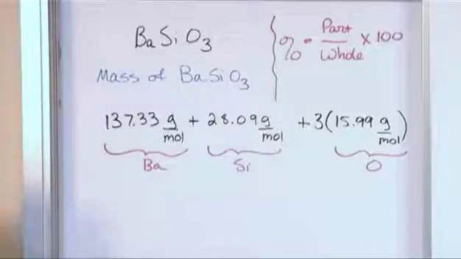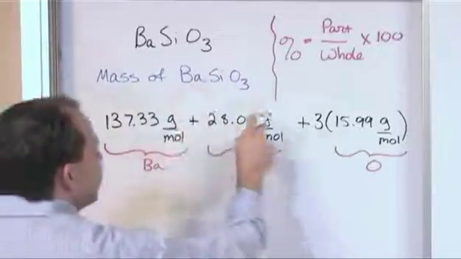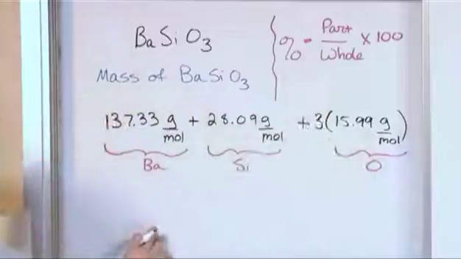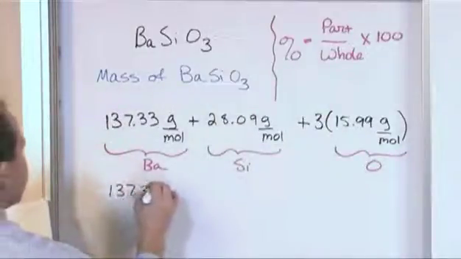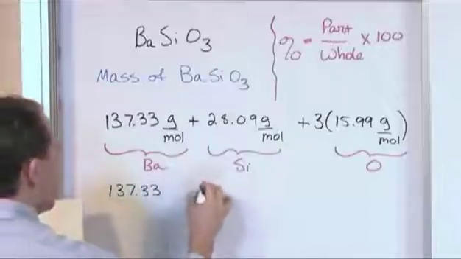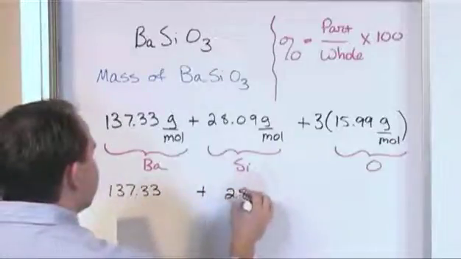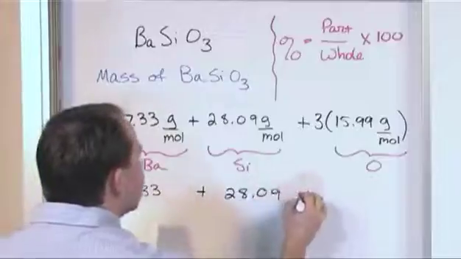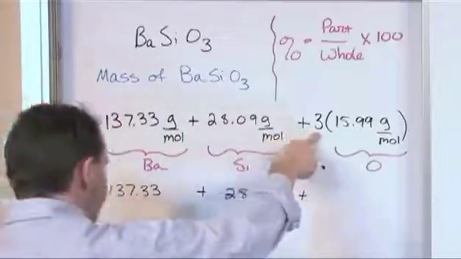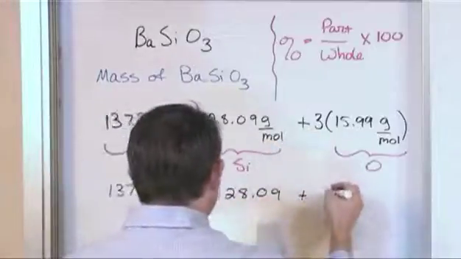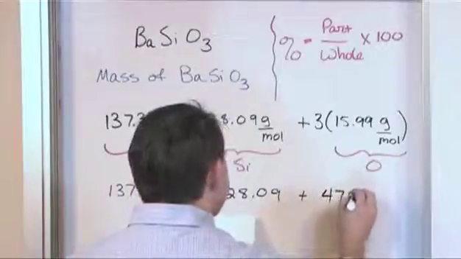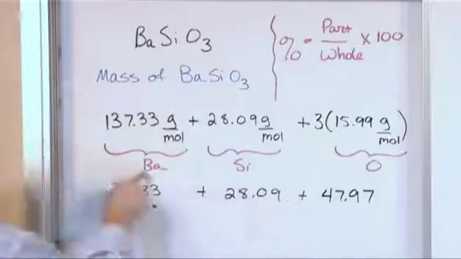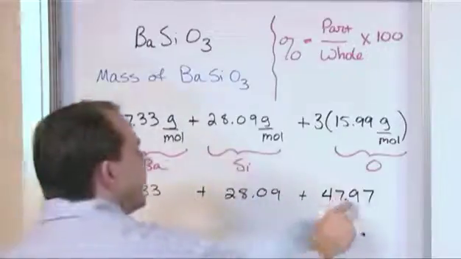So let's go ahead and write it explicitly one more time. 137.33 plus 28.09 plus, I'm just writing it again because I want to do this multiplication, 3 times 15.99, let's go ahead and write that as 47.97. All right, so this goes with the barium, this goes with the silicon, this goes with the oxygen.